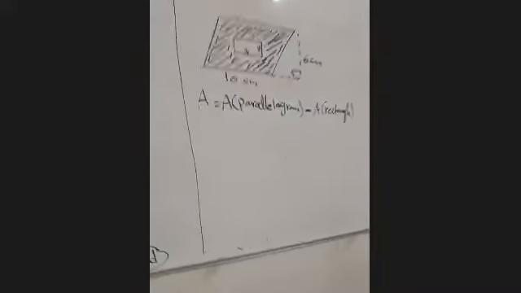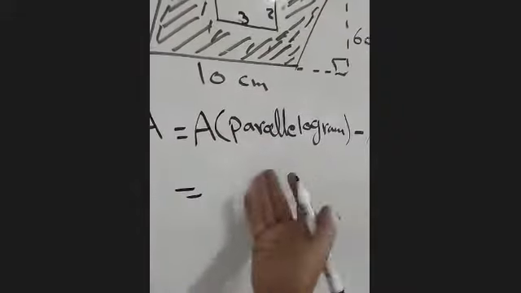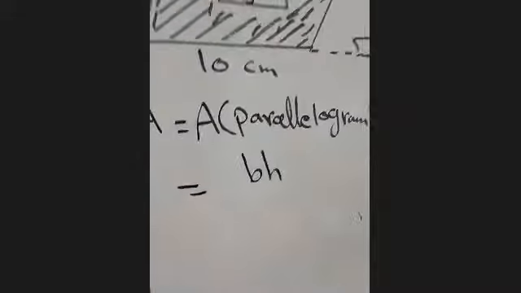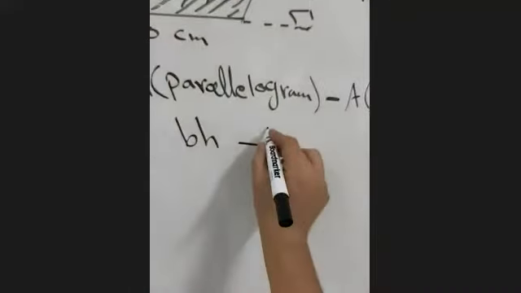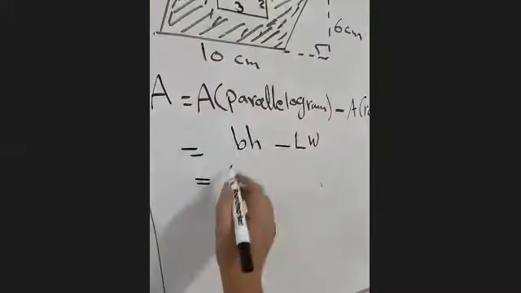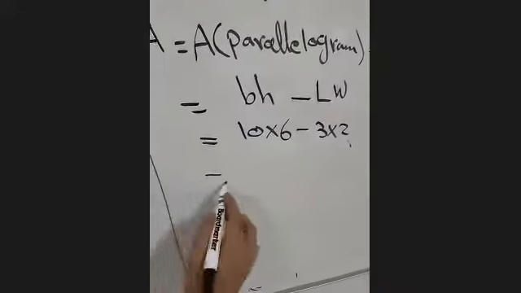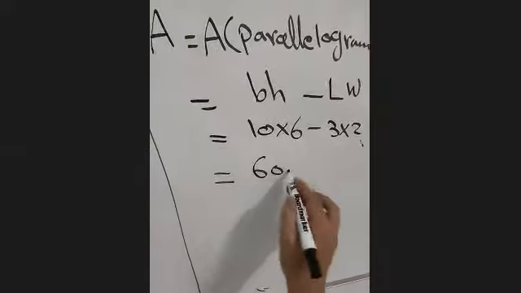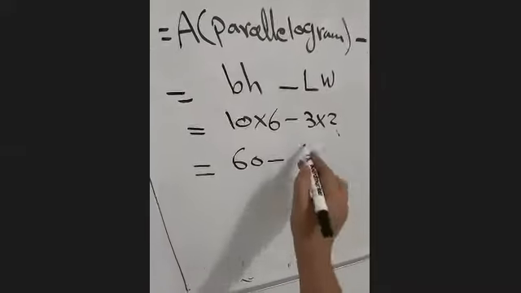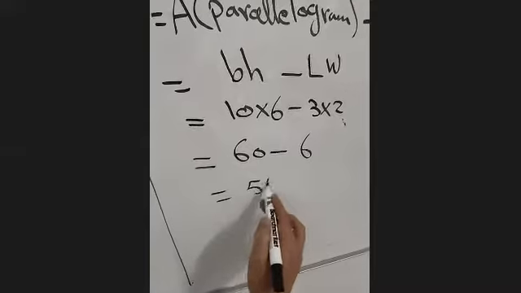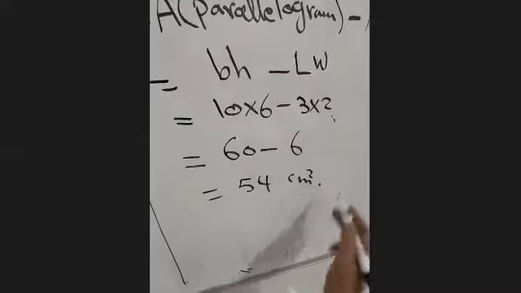So A of the parallelogram, we know it, it's BH. And the area of the rectangle, you took it before, is length multiply width. This equals 10 multiply 6 minus the length of the rectangle 3 multiply the width 2. This equals 60 minus 6, which equals 54 centimeters squared.